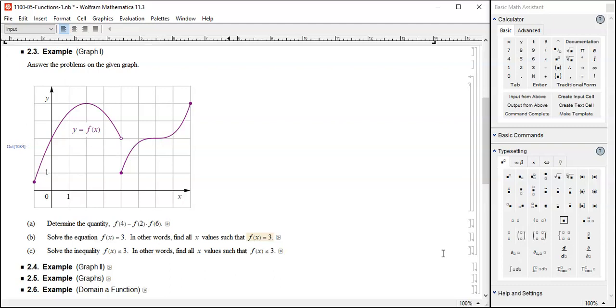But if you have an inequality, the answer will be an interval, or maybe 2 intervals, maybe 3 intervals. Equations typically have a solution as a number, or some numbers. Inequalities typically have solutions as intervals.